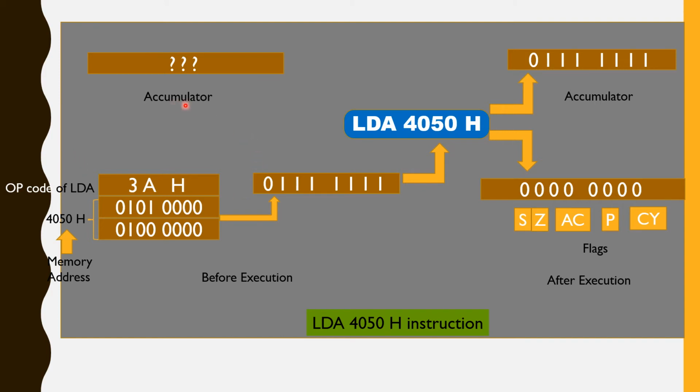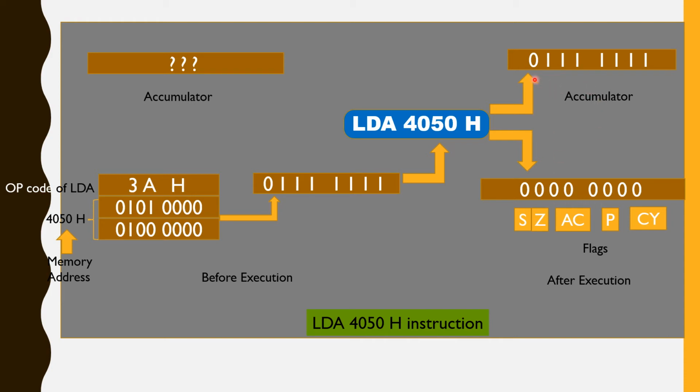Whatever the contents of the accumulator are, they may be erased and replaced with the new content stored at 4050. After the execution, whenever I apply LDA 4050, these contents are loaded to the accumulator, and according to the contents the flags are set.